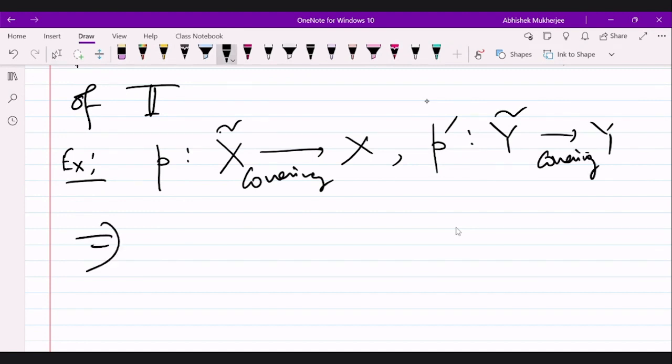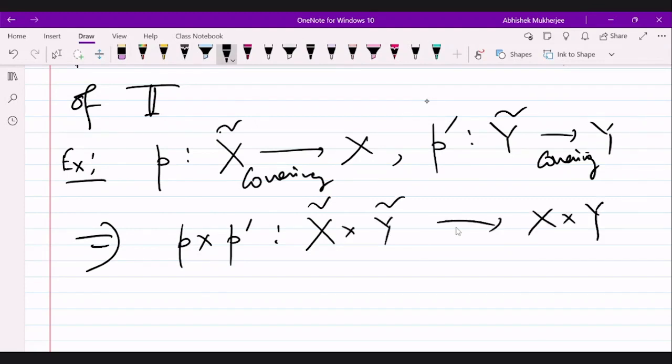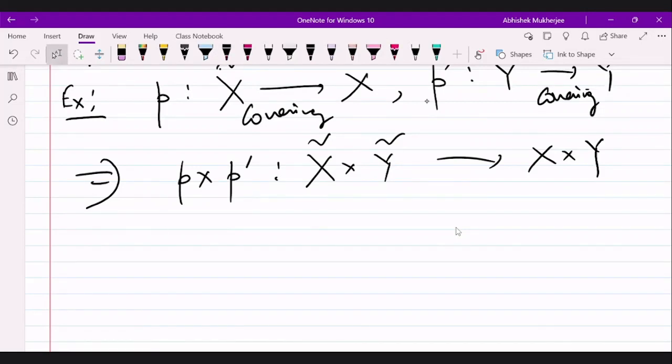Then P cross P dashed will be a covering map from that product space x tilde cross y tilde to the product space x cross y.